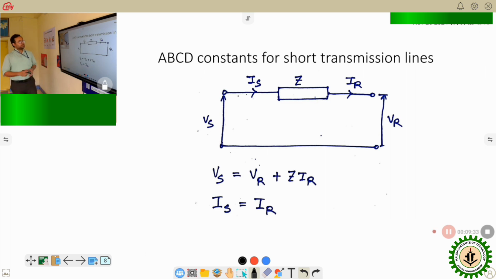Now, when we find out the ABCD constants for a short transmission line, this is our equivalent circuit diagram for the short transmission line. Here we can see that we have got the sending end and we have got the receiving end.